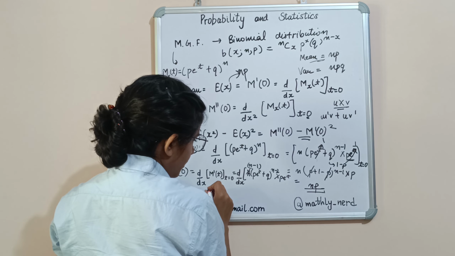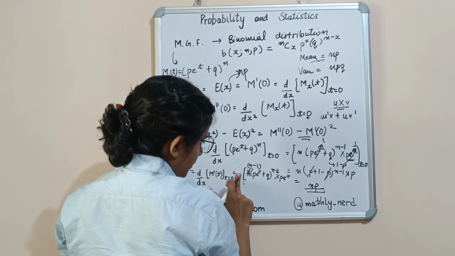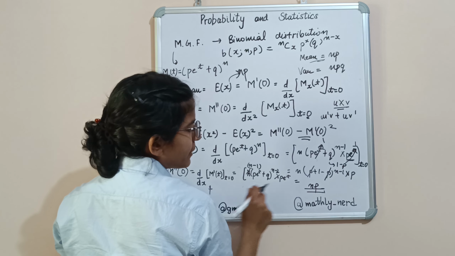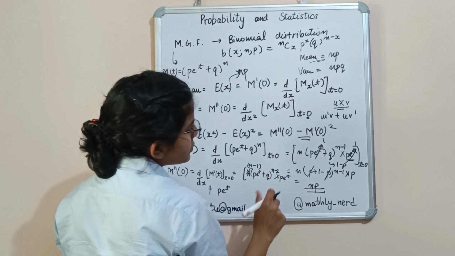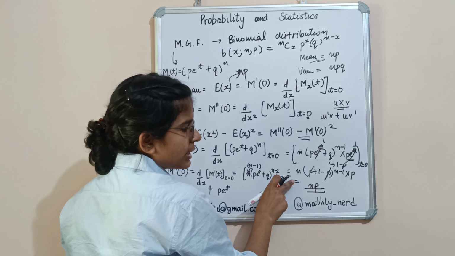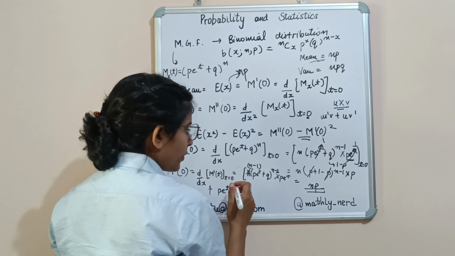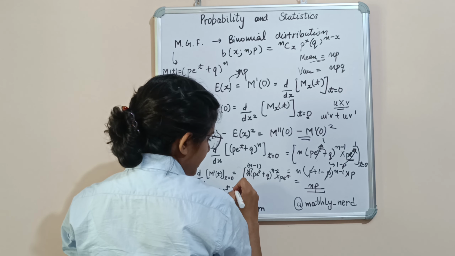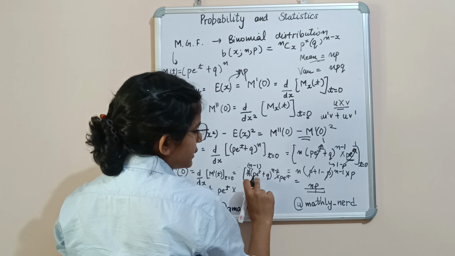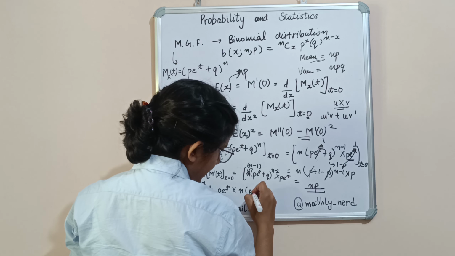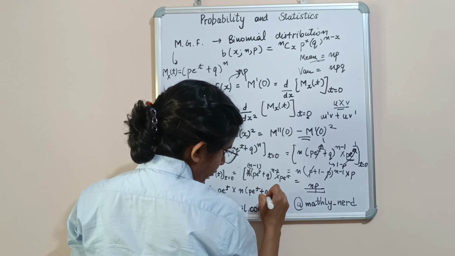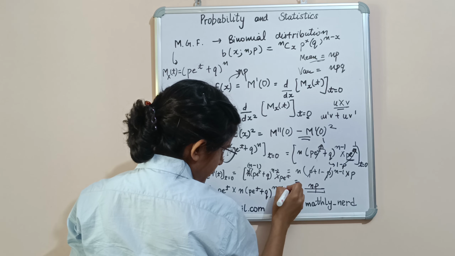Now we will differentiate pe^t. So we will get pe^t only, because the derivative of e raised to the power x is e raised to the power x, and then multiplied with u. So this will be n (pe^t + q) raised to the power n minus 1.